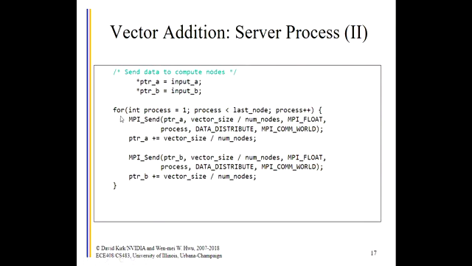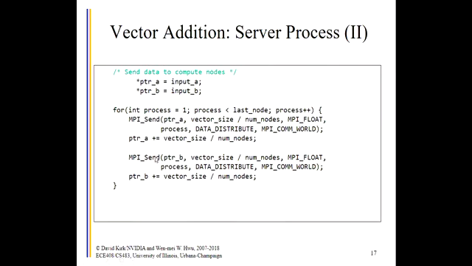Then for each iteration, you're going to be sending a chunk of A and a chunk of B to one of the compute nodes, identified by that node's process ID. So you do this iteration, and you distribute all this data to the target MPI processes.